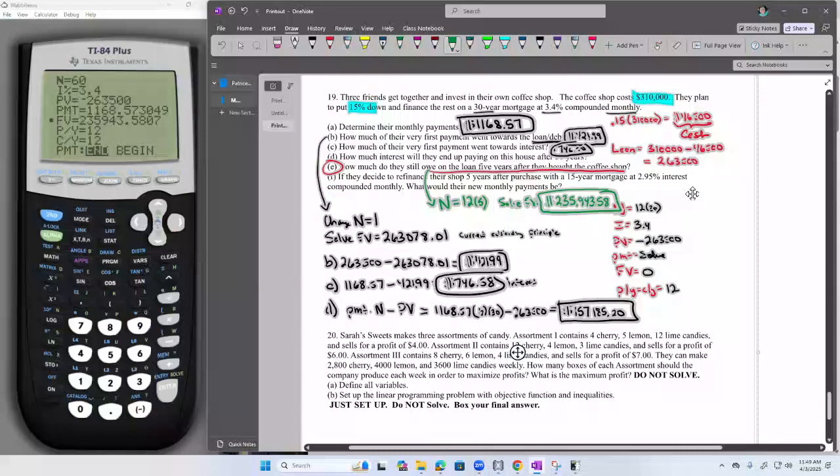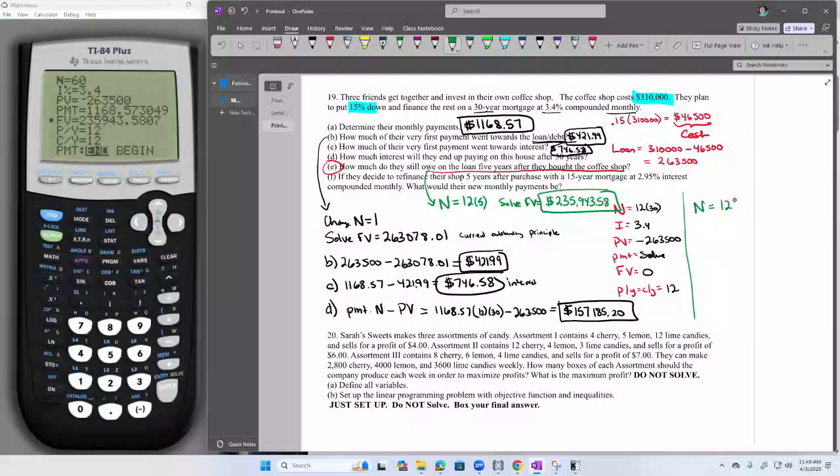And then the last one, if they decide to refinance their shop 5 years after the purchase with a 15-year mortgage, how much are their new payments? So our N is now going to be monthly times 15. Our interest rate will be 2.95. The present value will be how much they still owe after 5 years. Payment is what you're solving for. Your future value will be 0, and PY and CY will equal monthly.